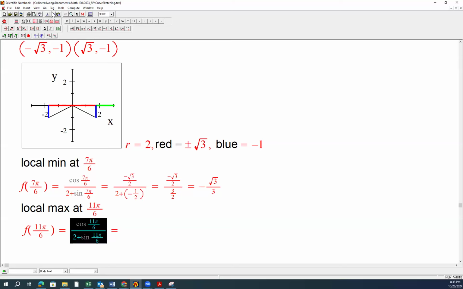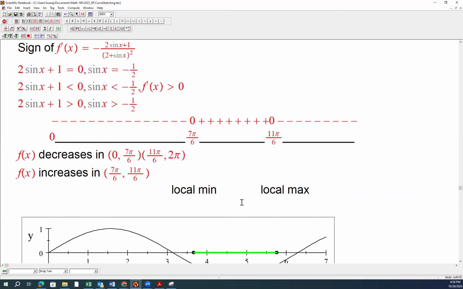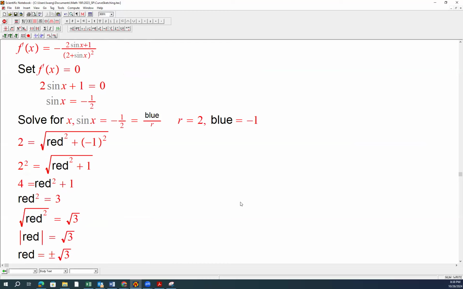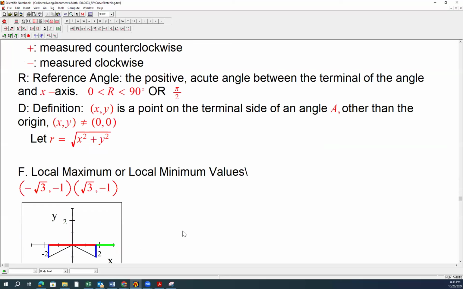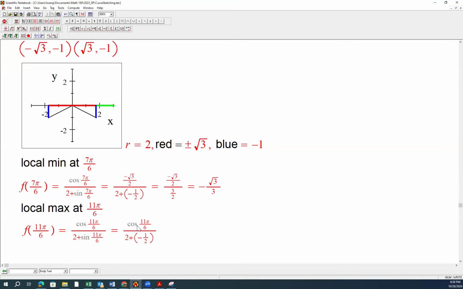And how about this piece? It will be the other terminal, and this is still negative 1/2. We've done that, because solving from negative 1/2, we got 2 angles, these 2 terminals. All right, so how about cosine? Cosine will be the red over r. The red this time is a positive √3 and r is 2.